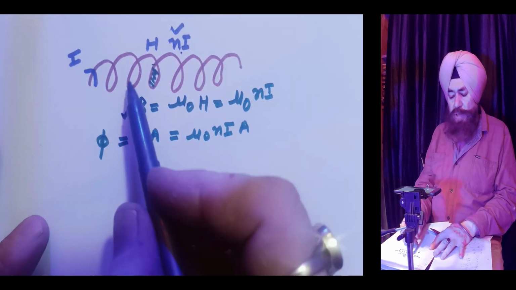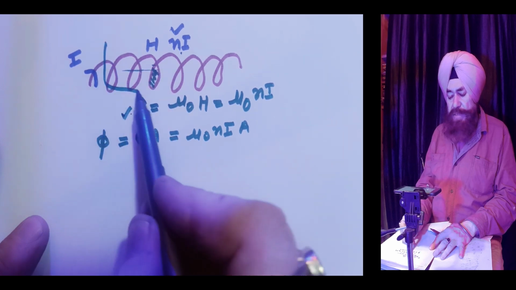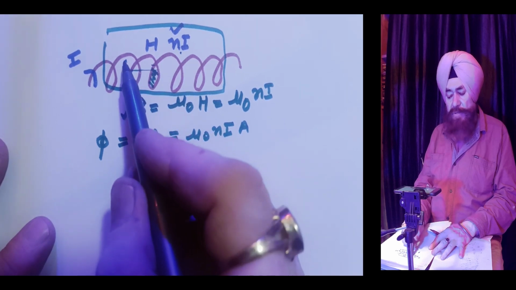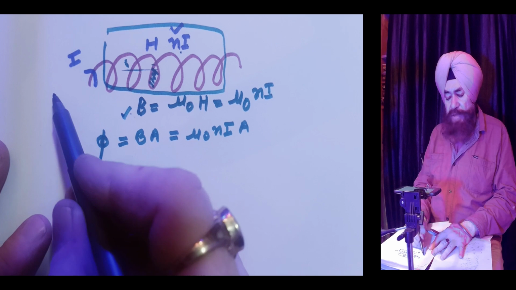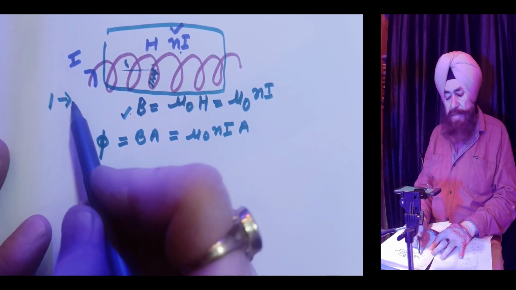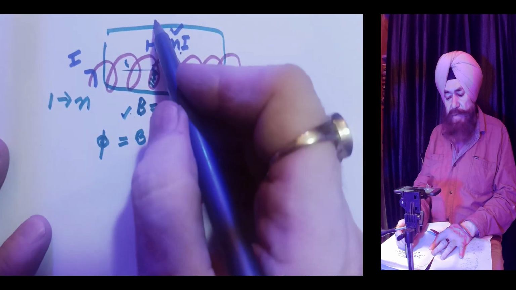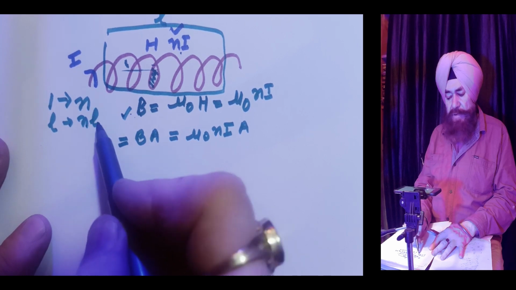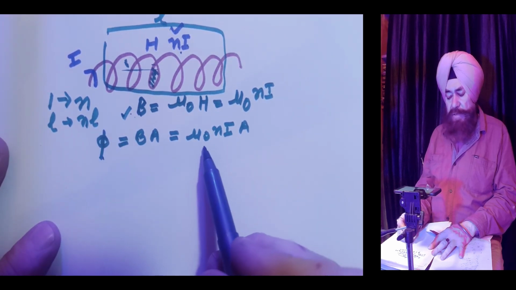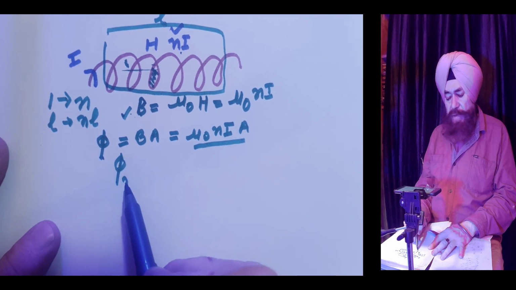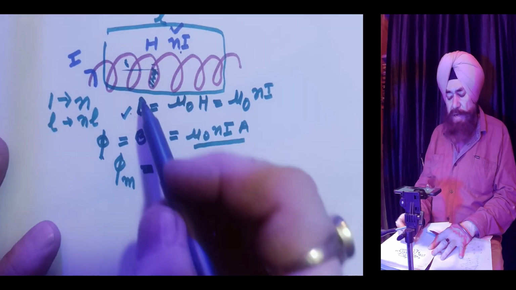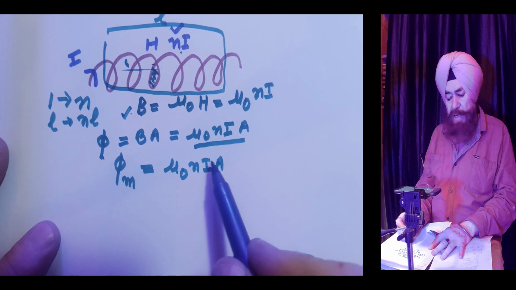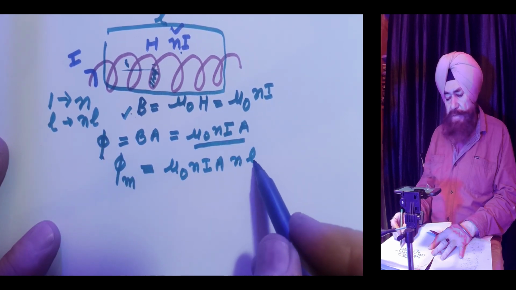Then what is the total flux with this solenoid? Then you have to find the total turns. With 1 unit length, the turns are N. If the length is L, the turns are N into L. With one turn, this is the magnetic flux, and the flux with the whole solenoid is the flux with one turn multiplied by the number of turns.